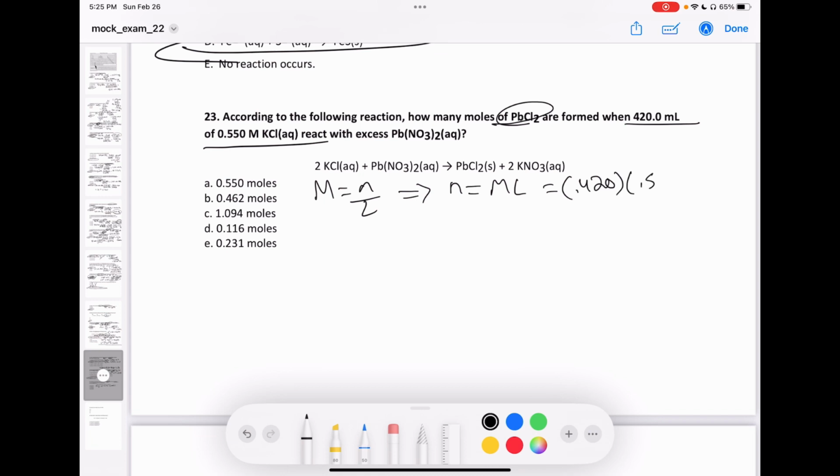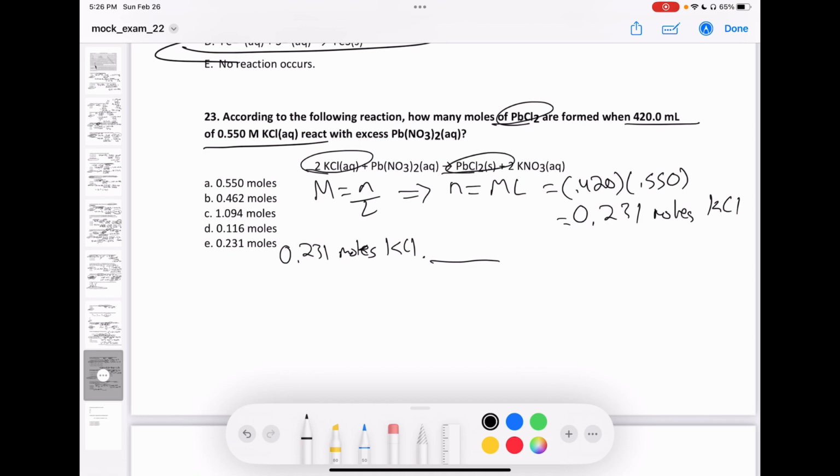0.420 times 0.550 molarity is equal to 0.231 moles of KCl, and this is just straight stoichiometry using the mole ratios again. So start with the new given we just got, the 0.231 moles of KCl, and for every 2 moles of KCl that react, we produce 1 mole of PbCl2.